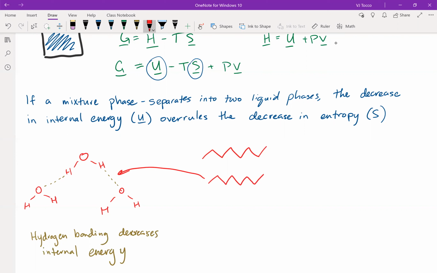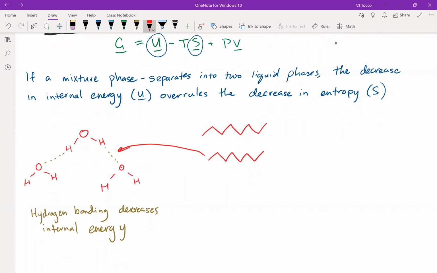Therefore, the overall internal energy of the system would increase in relation to just pure water because there would be less hydrogen bonding. So in this case of the water and oil, it's actually more helpful for it to separate into two separate phases such that the water can be by itself and happy and hydrogen bonding with itself, and the oil can be by itself and happy and not hydrogen bonding by itself.